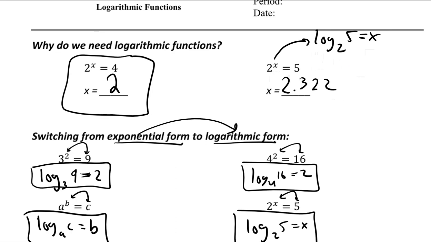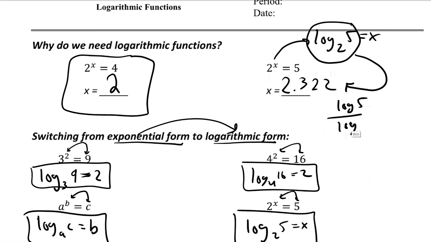So the exact answer to this first example is log base 2 of 5. The way I got that as a decimal is in my calculator, I said, what is log of 5 divided by log of 2? And that's how I got an approximation. So switching from exponential form to logarithmic form and knowing the change of base formula to type that in is how I was able to estimate that answer.